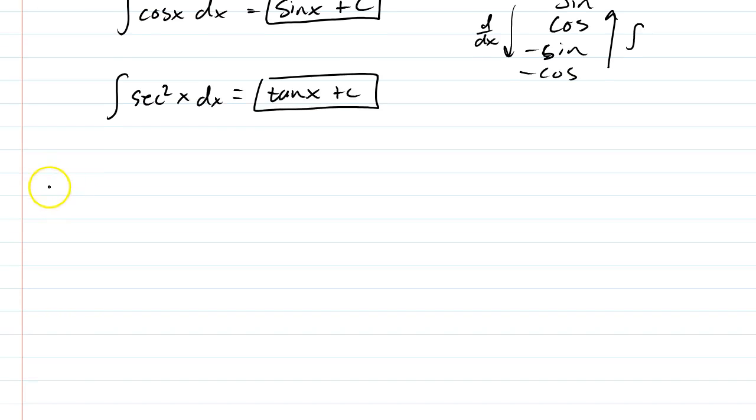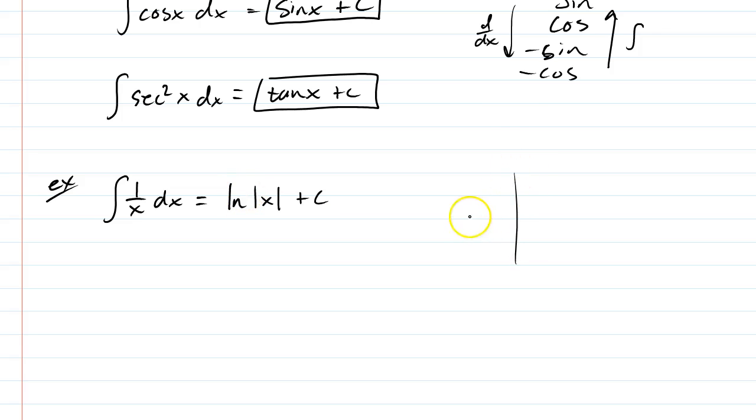Some other important ones, the integral of 1 over x dx. What function, which one of them is 1 over x when you derive it? That is the ln of x. Okay, and one thing you should know about this, and this is getting really nitpicky, is that the ln of x only has a domain over here, meaning it only exists over here.